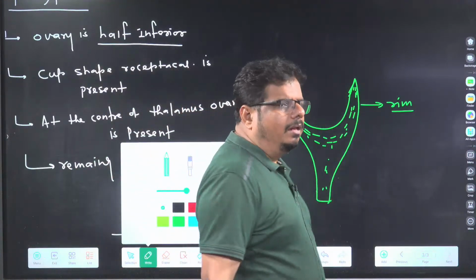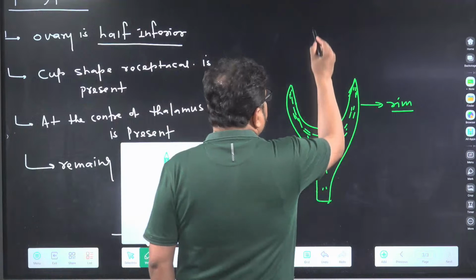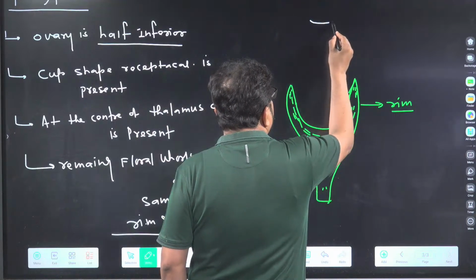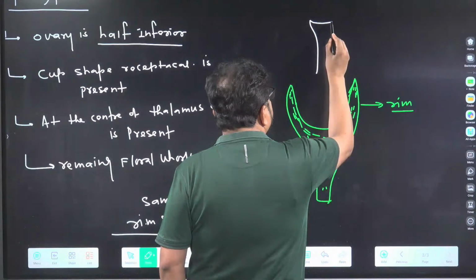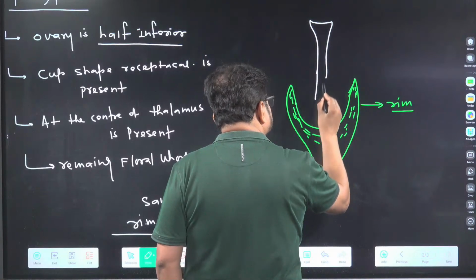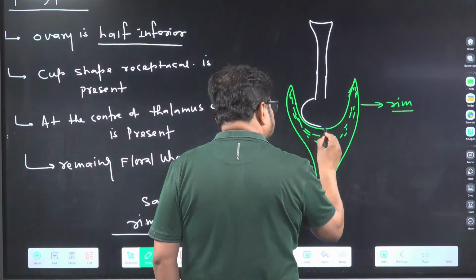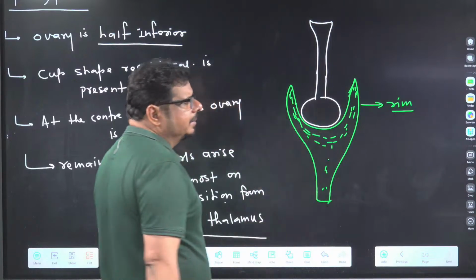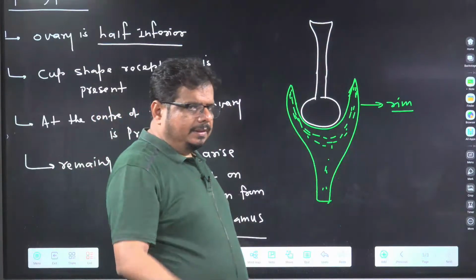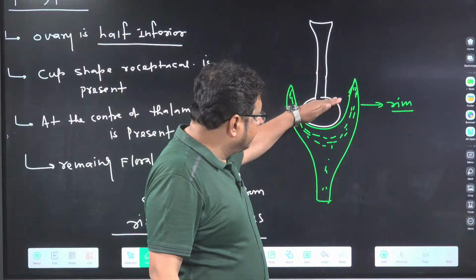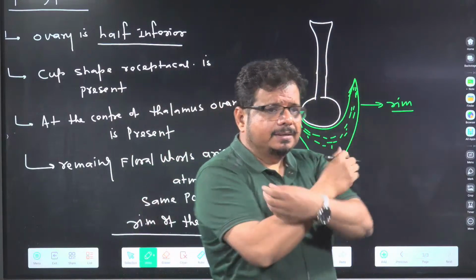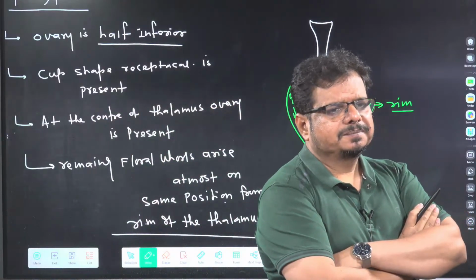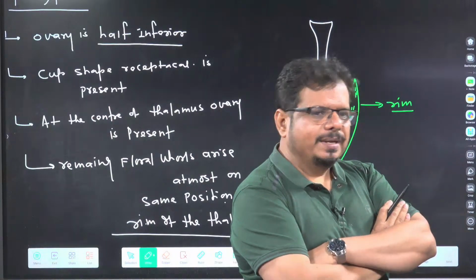Now, what is happening here? The female reproductive organ is there. Who is present in the center of the thalamus, in the basal part, inside the cup? The ovary is present.